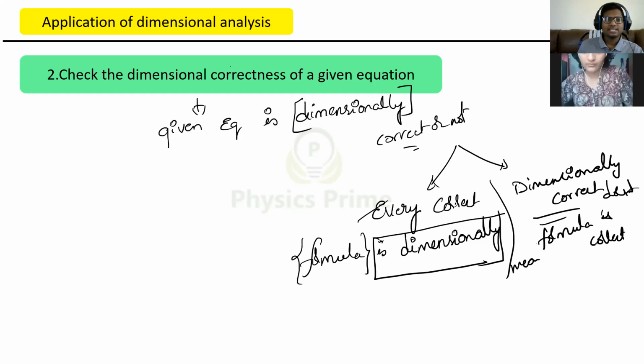The topper of the class definitely should pass 35 marks, whatever the pass mark. But that doesn't mean every person who passed has been the topper. Similarly, every correct formula is dimensionally correct, but every dimensionally correct formula doesn't mean the formula is correct.